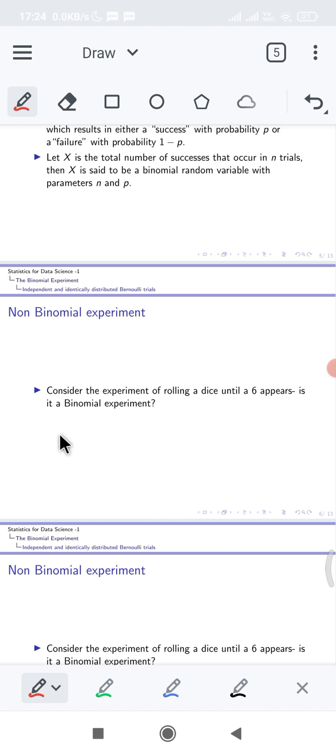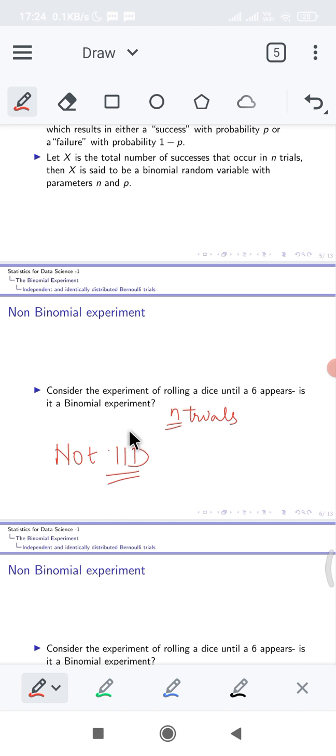Here, you are continuously performing an experiment without knowing the total number of trials you are performing. You do not know what n, the number of trials, is. It is uncertain. So you will say this is not an IID or independent Bernoulli trial.